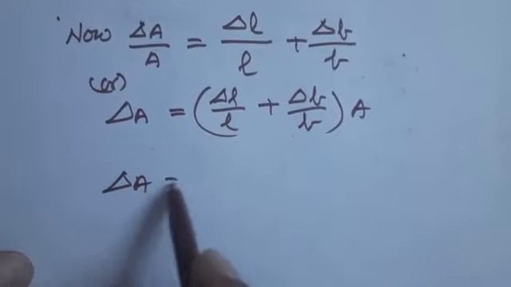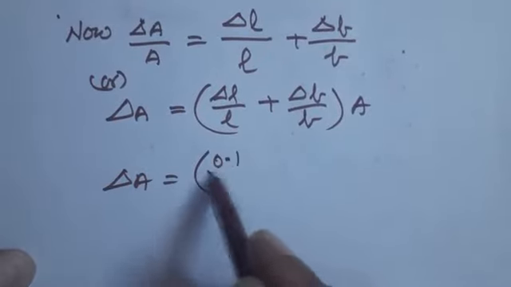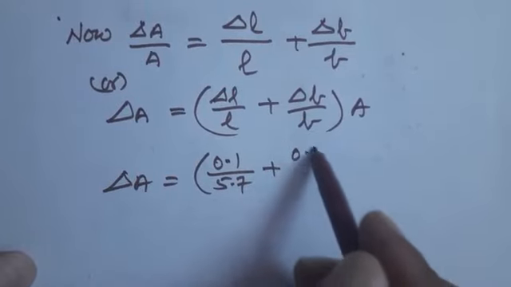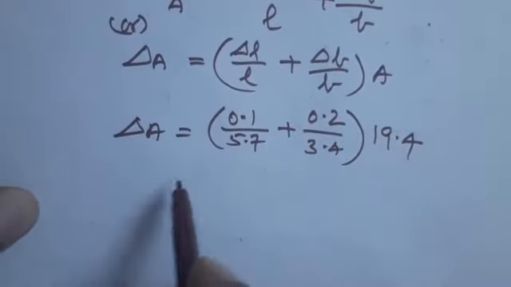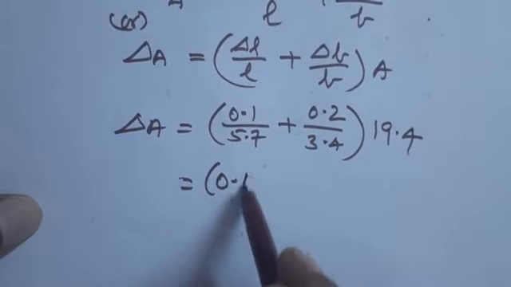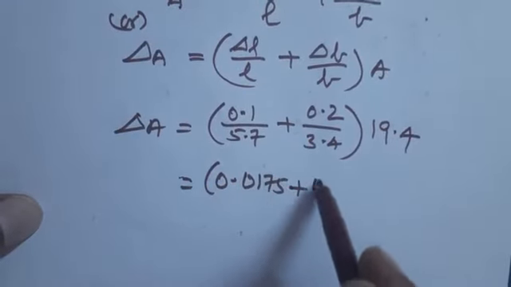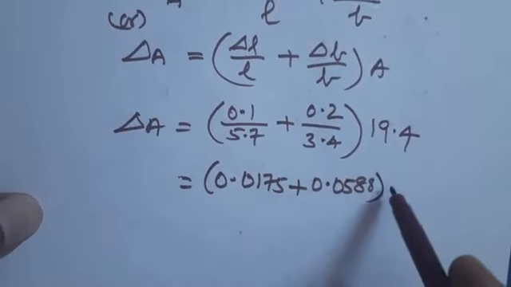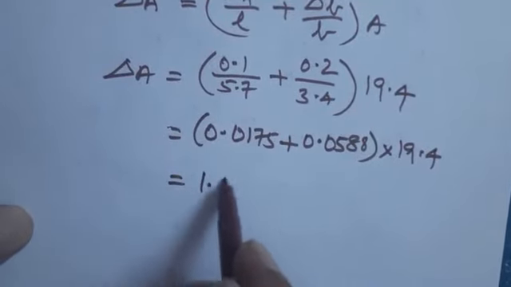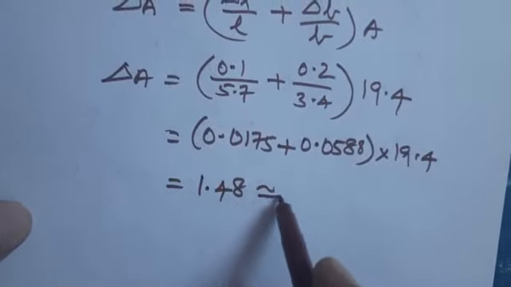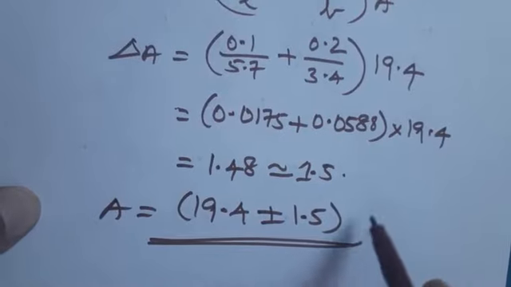Now delta A equals, substituting the values, 0.1 by 5.7 plus 0.2 by 3.4 into 19.4, which is equal to 0.0175 plus 0.0588 into 19.4, which is equal to 1.48, now rounded off to 1.5. Now A equals 19.4 plus or minus 1.5, inclusive of correction, centimeter square.